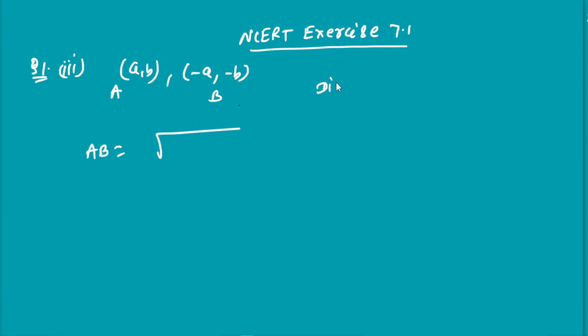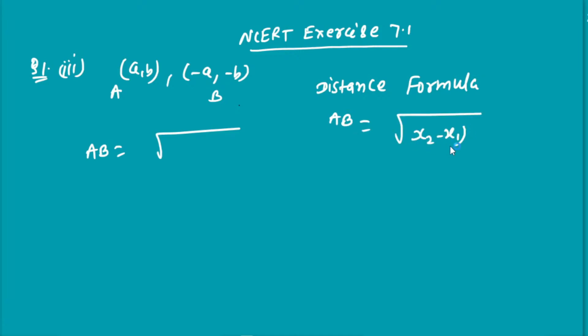What is the distance formula? I write it here. This is AB, and you write x2 minus x1 whole square, plus y2 minus y1 whole square.